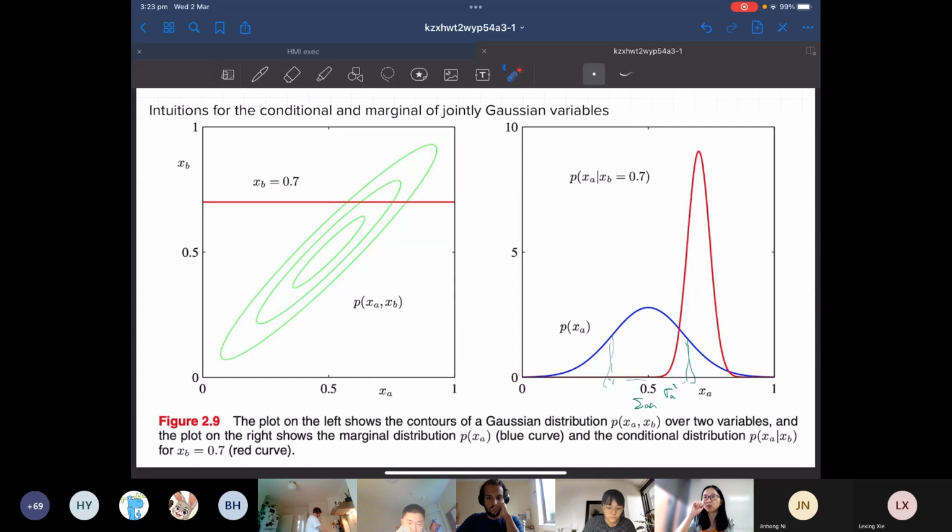There are some more general results here, such as conditioning always reduces uncertainty. But for now, from this intuitive picture, you can see the spread on xa is a lot bigger on the green contours than on the intersection of the green contour with this red line. All right, we'll get back to this as well.